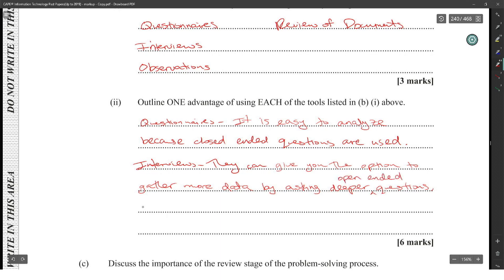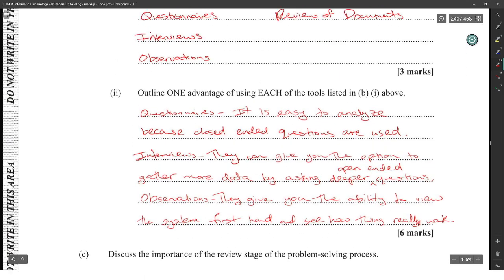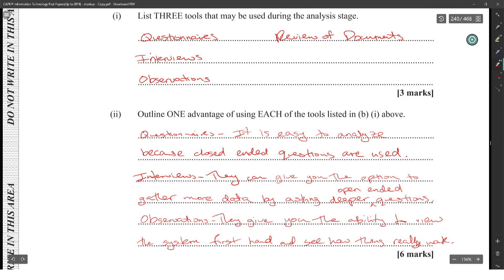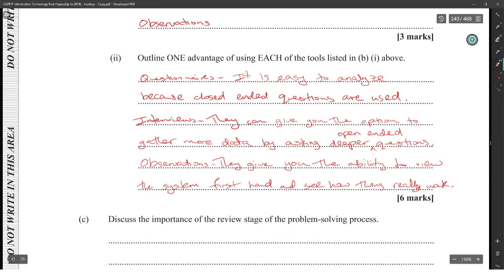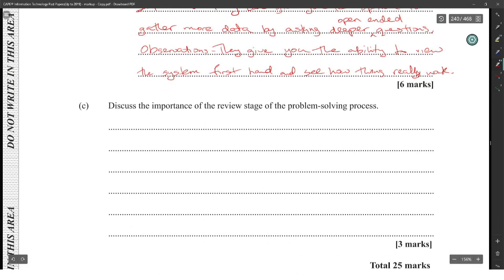Then observations give you the ability to view the system firsthand and see how things really work. Review of documents will be basically you get to see what is actually collected, and you'll be able to get a flow of how the data is transmitted through the system.